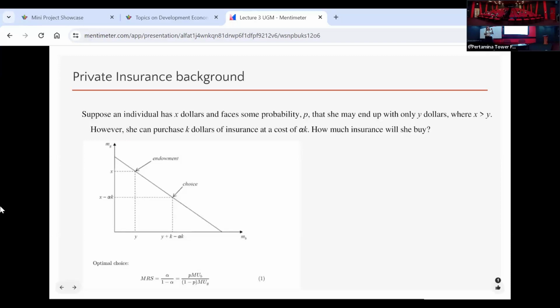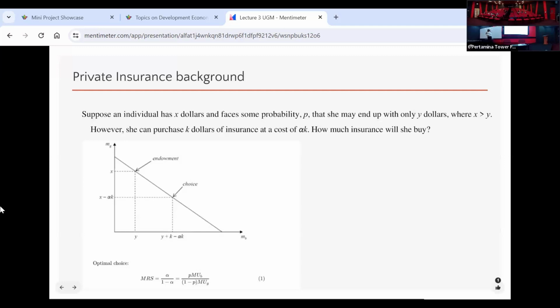X, here important, X is greater than Y. So in the good state she receives X, and in the bad state she receives Y. What could be the bad state? It could be an accident, so your earnings drop. It could also be unemployment. It could be anything, with probability P, and 1 minus P for the good state. So very simple, okay? One person, and two states of the world.